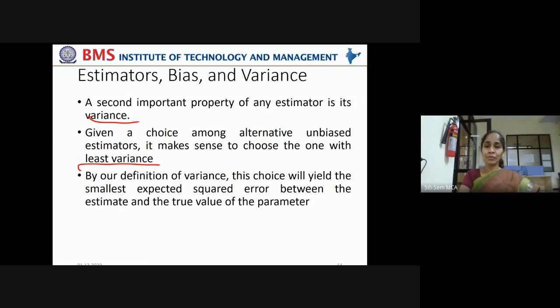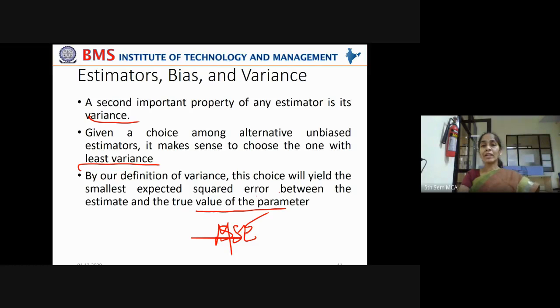Now, by our definition of variance, this choice will yield the smallest expected squared error between the estimate and the true value of the parameter. You remember what this is? It gives the expected squared error, mean squared error.